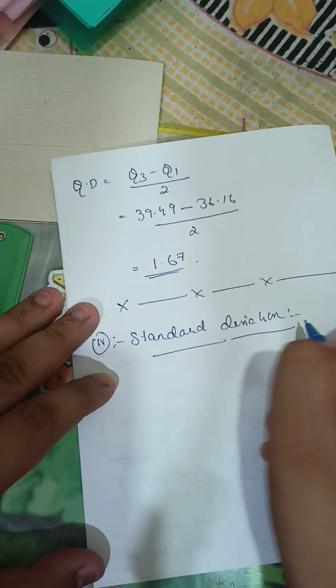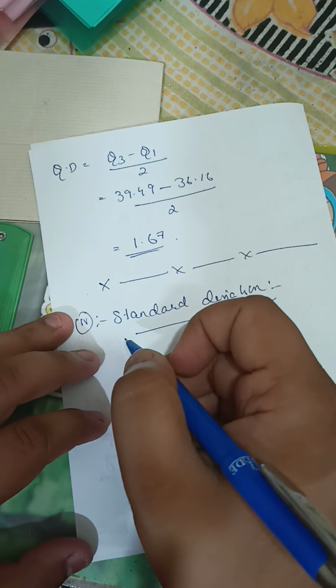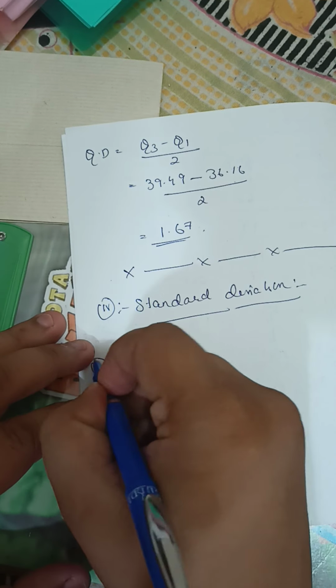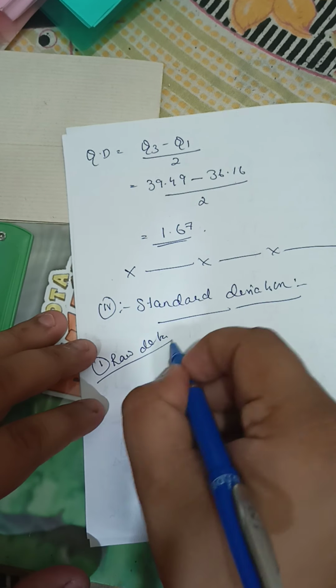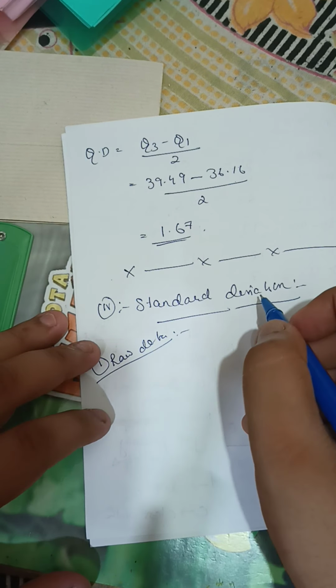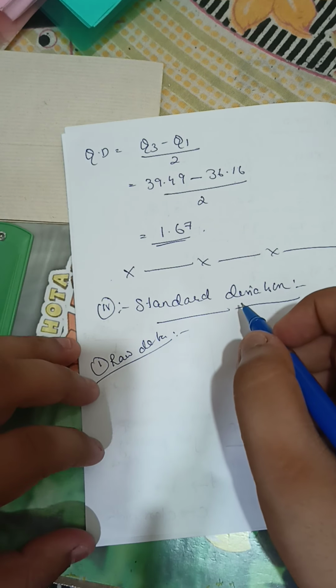So it is an important measure of dispersion. We will consider the cases of raw data, then continuous and discrete cases.